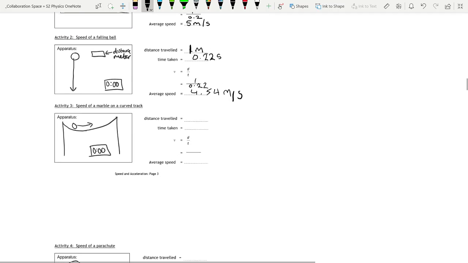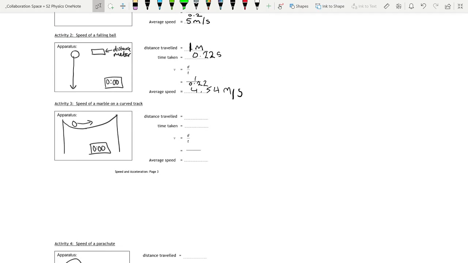The next one was the speed of a marble on a curved track. So we've got a curved track, so it curves downwards and then back upwards. And a marble is dropped from the top on one side and it moves along until it gets to the top of the other side. So what we do is we measure the distance travelled that the track is. So you use a tape measure for this rather than a ruler, because a ruler is straight and we want something that can curve. So distance travelled in meters is about half a meter, is about 0.45 meters.